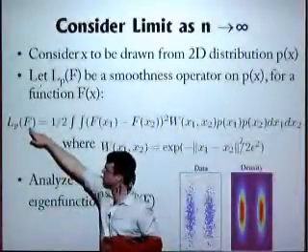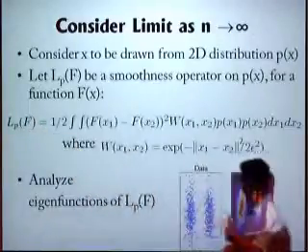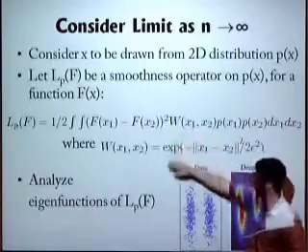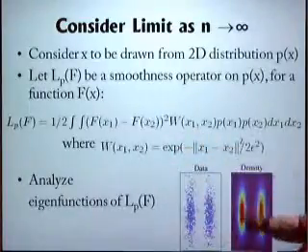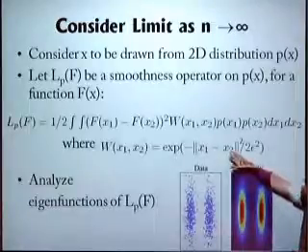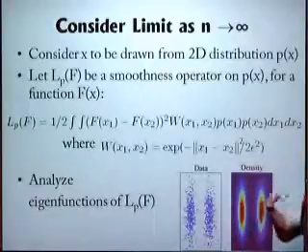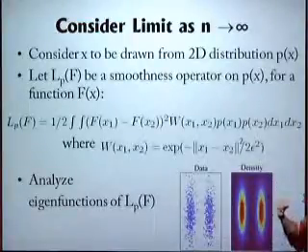We can write down a continuous analog to the graph Laplacian, an operator L_P, which measures the smoothness of a function f on this density. As you can see, it's very much the same as before. W here is an affinity between two points in your density, a Gaussian type affinity. Two nearby points x1 and x2 are going to have a high affinity, and you'd like their label function f to be similar.